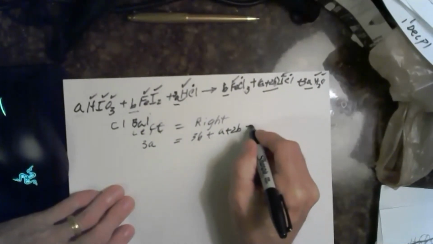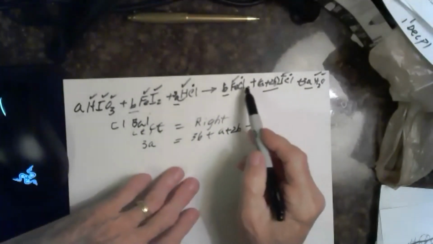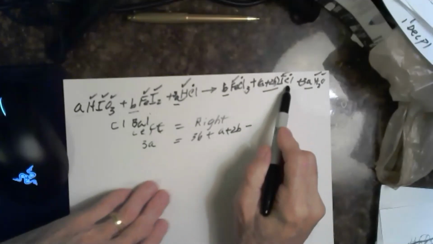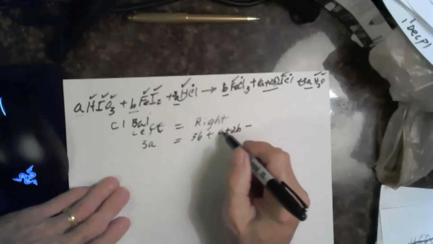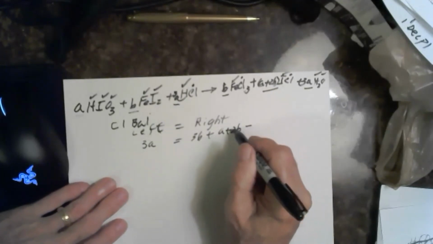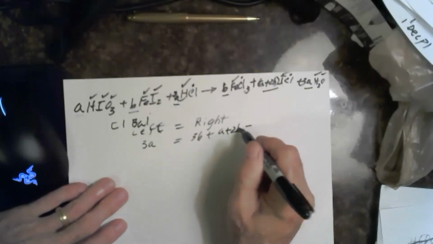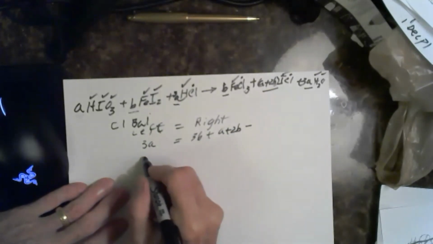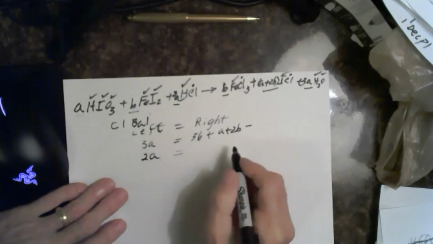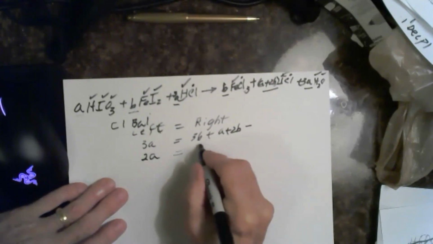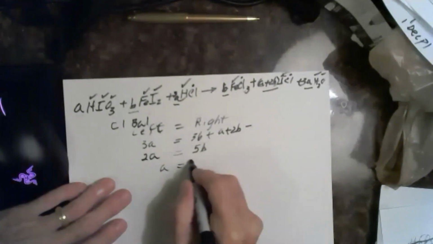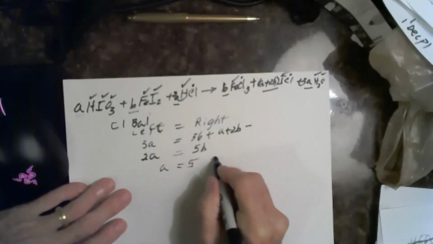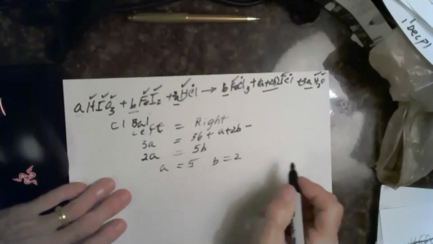And that's it, isn't it? Chlorine is just in this formula and this formula. So 3A equals 3B plus 2B. If I subtract A from each side, I'll get 2A over here, and 3B plus 2B is 5B over here. So A is going to be equal to 5, and B is going to be equal to 2.